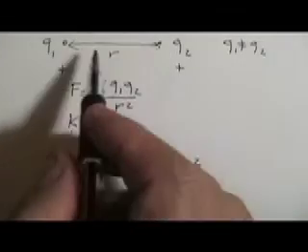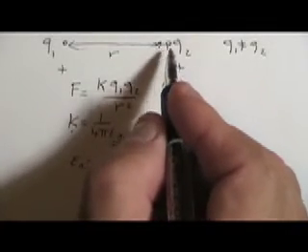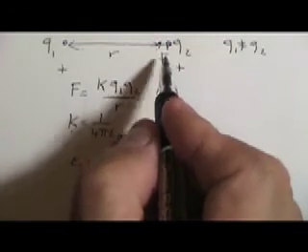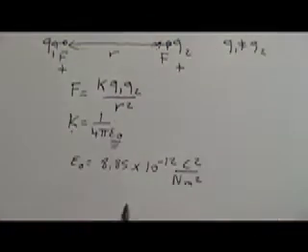So since these charges are positive, the force will be pointing out, okay? And we can call it F. Here also the force is pointing out. So now let's see how the electric field looks here.